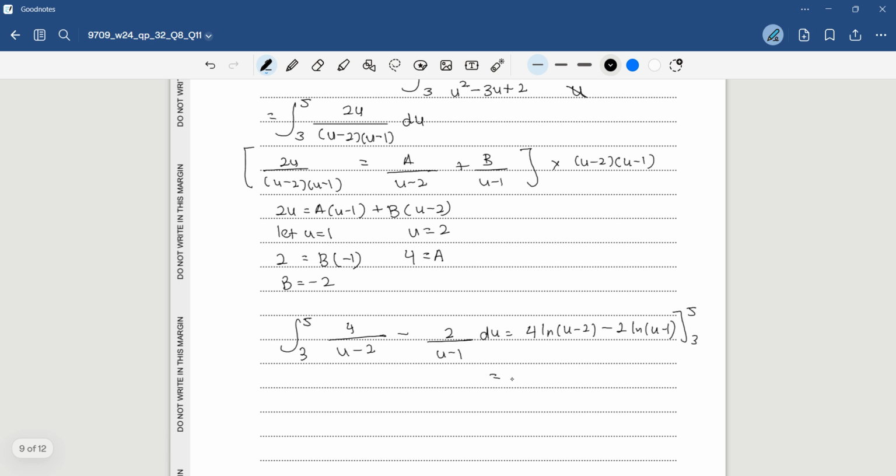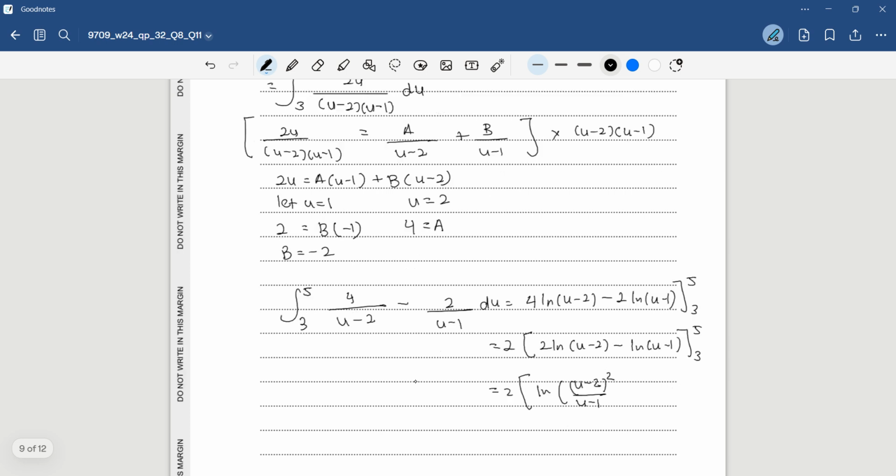So this one I can factorize 2, so 2 times (2 ln(u minus 2) minus ln(u minus 1)), from 3 to 5. So it's going to be 2 ln of (u minus 2) squared over (u minus 1).